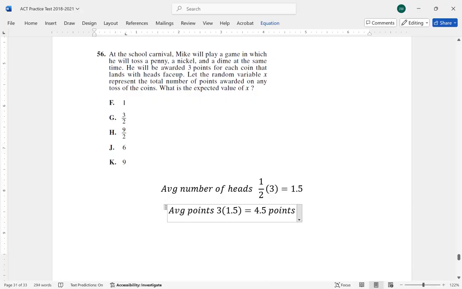So that's the average number of points when he flips 3 coins. 4.5 is the same thing as 9 over 2.